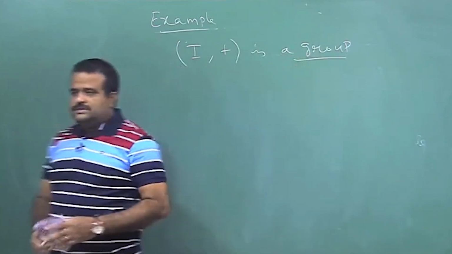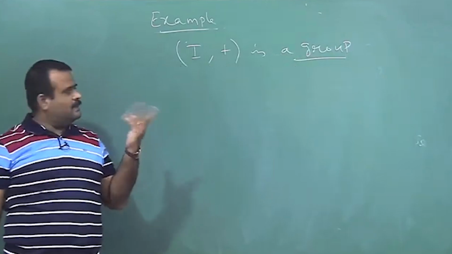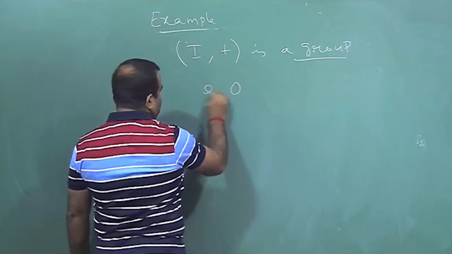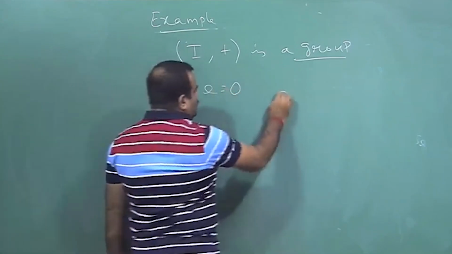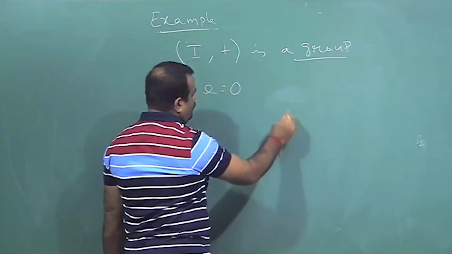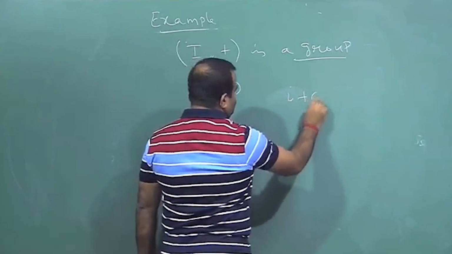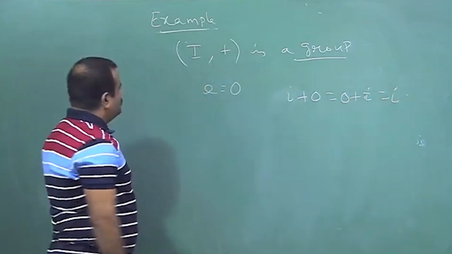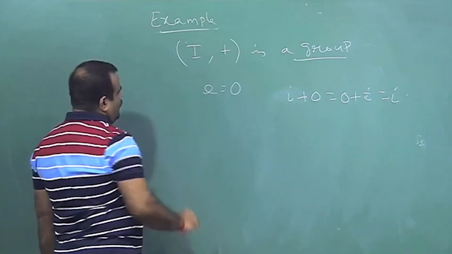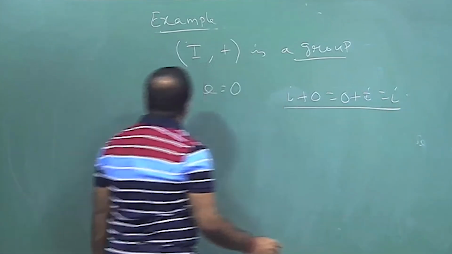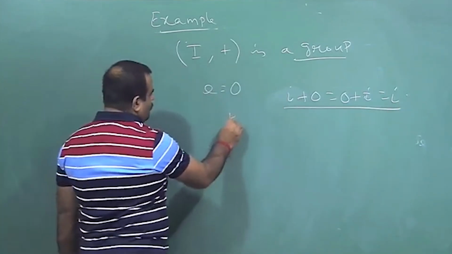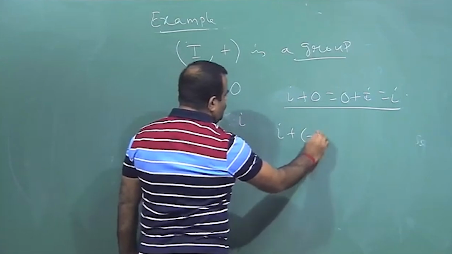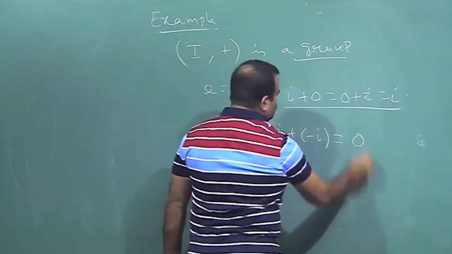Because we know this satisfies the semigroup property, and the identity element is 0, 0 is basically E over here, because if we take any integer I, I plus 0 is equal to 0 plus I is equal to I. So, this is the existence of identity, and the inverse is also there, because if we take an integer, say I, then the inverse is basically minus I. So, I plus minus I is equal to 0.